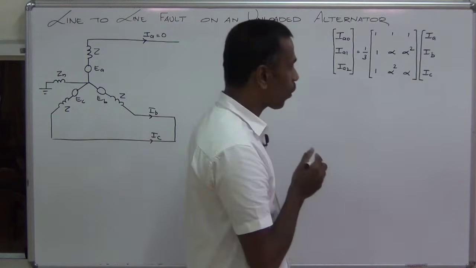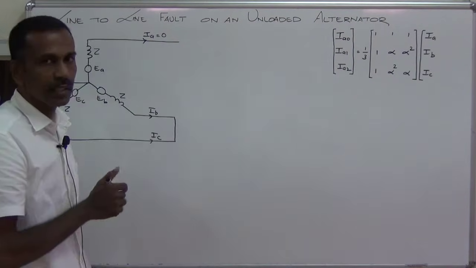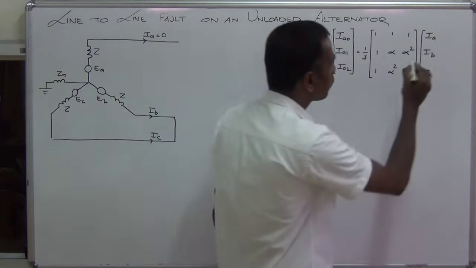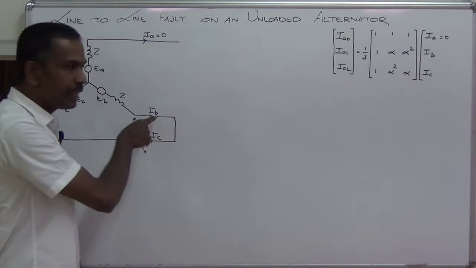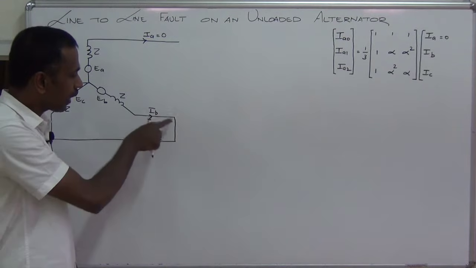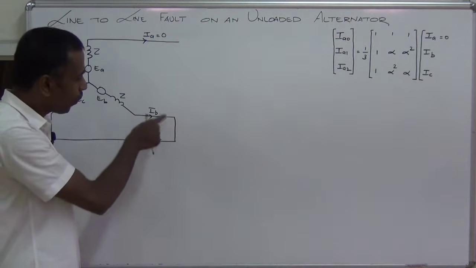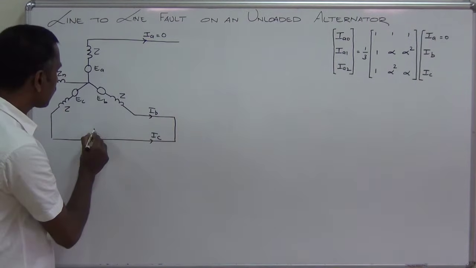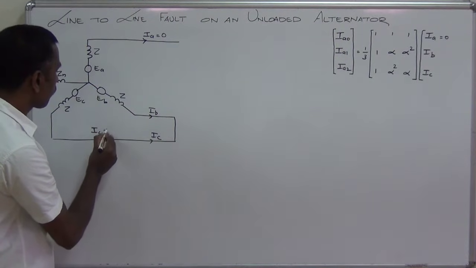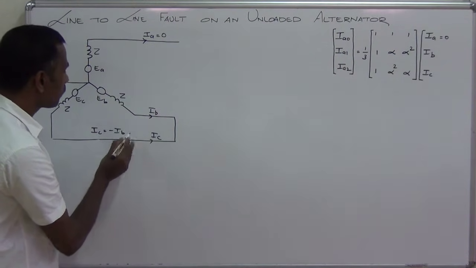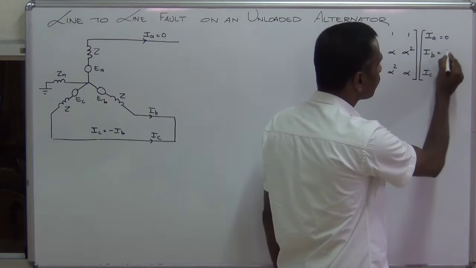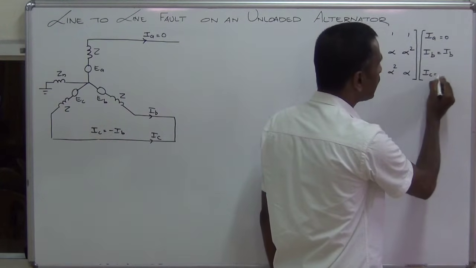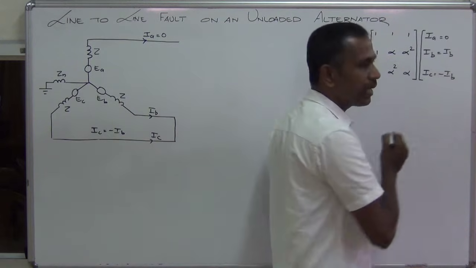IA equals 0. In the first phase, the current equals 0. When you look at this IB and IC, they are equal in magnitude but are opposite to each other. So we can write IC equals minus IB. IB is kept as such.